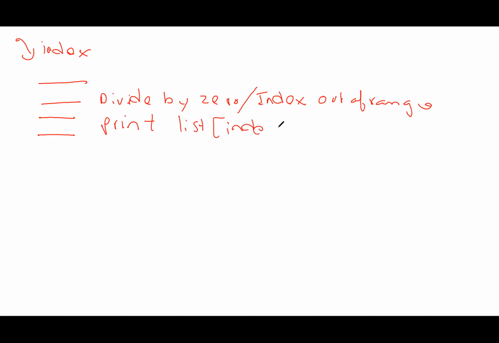Let's say there are only 5 elements in this list, and sometimes when the index is 6, this code will throw an index out of range exception. So generally what people do is they protect this code for those cases because they don't want the application to crash.